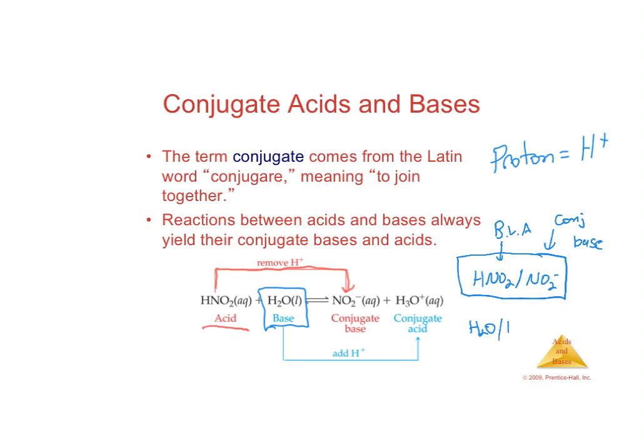It accepts a proton to form hydronium, and we've formed another conjugate pair. Here we have our original Bronsted-Lowry base, and its conjugate acid. Notice that the only difference in any conjugate acid-base pairing is the acid has the H plus, the base doesn't have it. The base doesn't have it, the acid does have it.